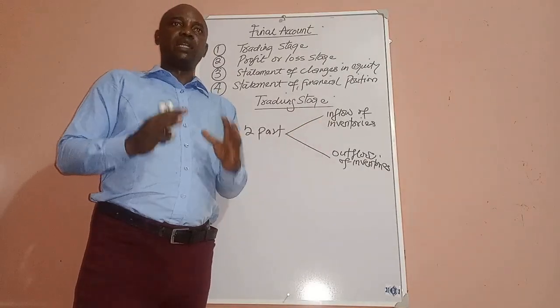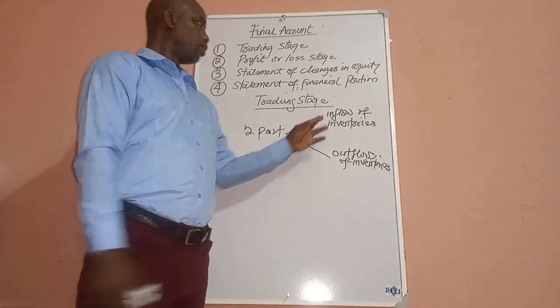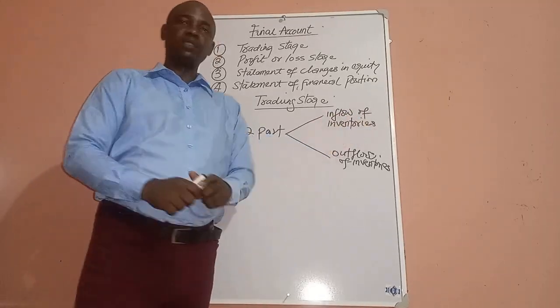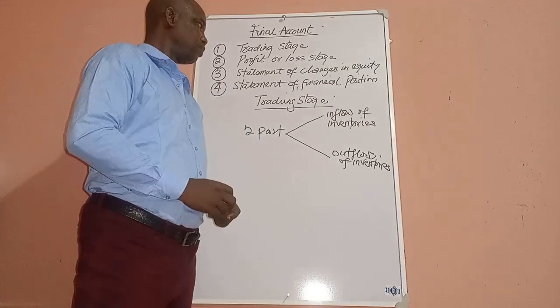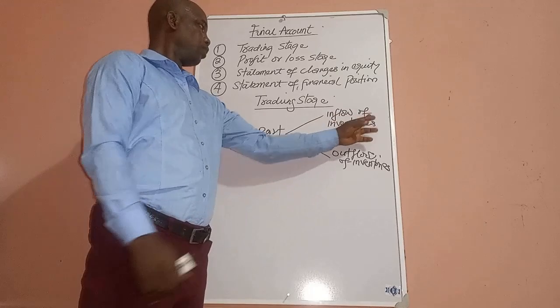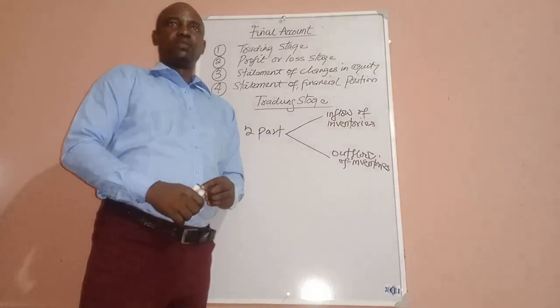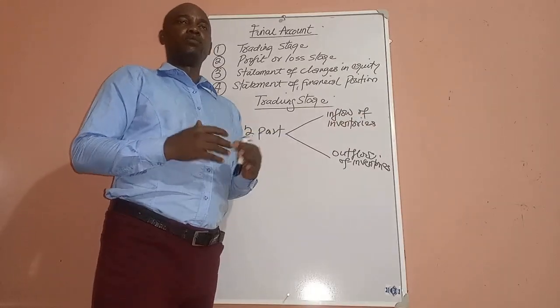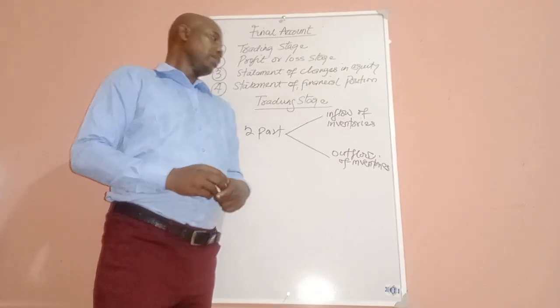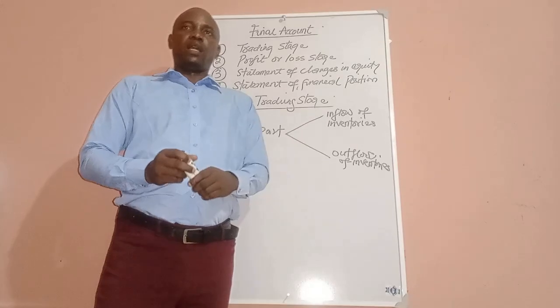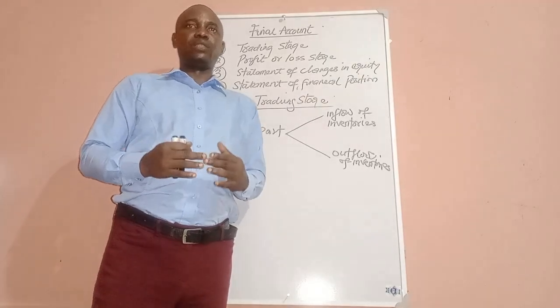Now, what are those components that will come under inflow of inventories? That is what we are going to be talking about now, so that when we are preparing the account, it will be easier for you to adjust. Under this inflow, I'm going to take it stage by stage.